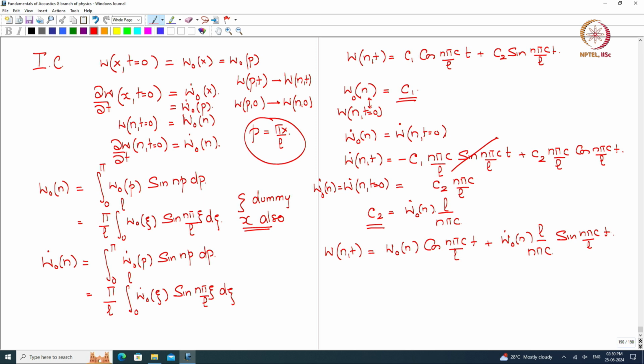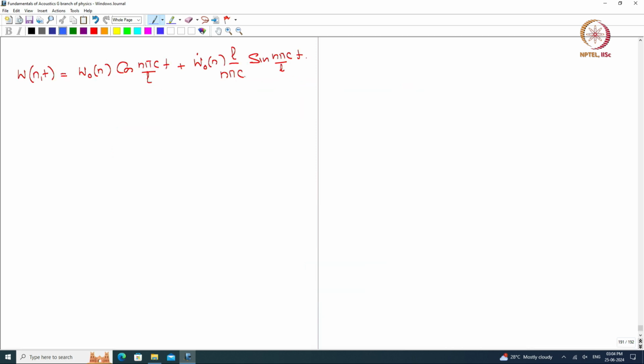So, we have reached one stage here. From here we have to get back to W of p comma t, and from there to W of x comma t. We have this expression in the transformed coordinates.